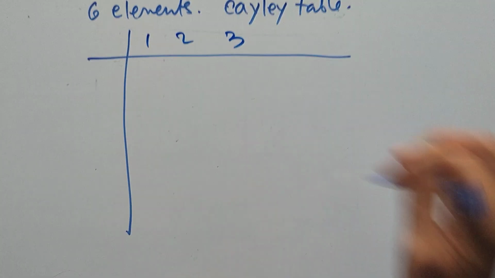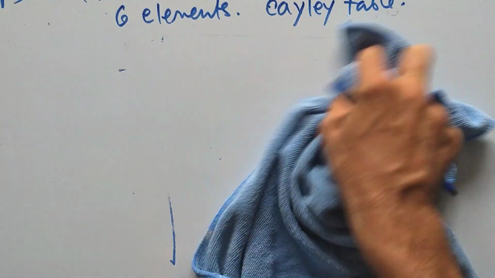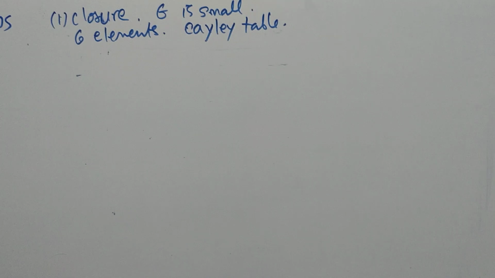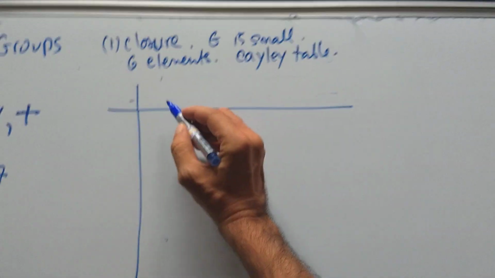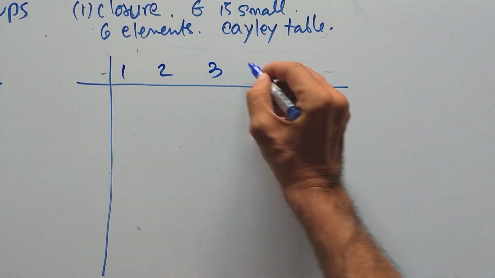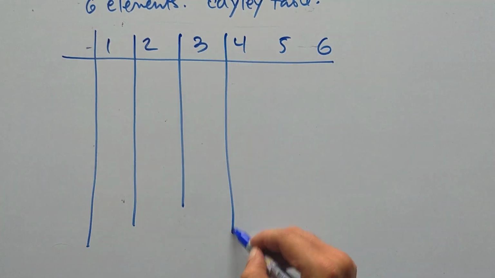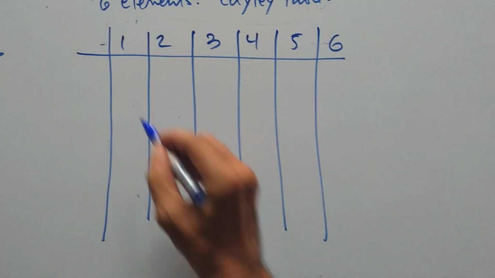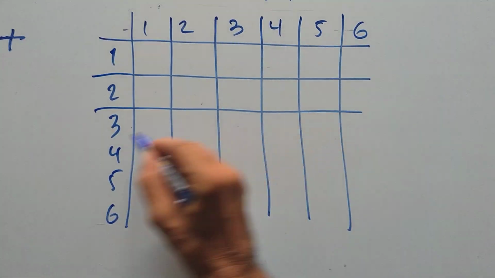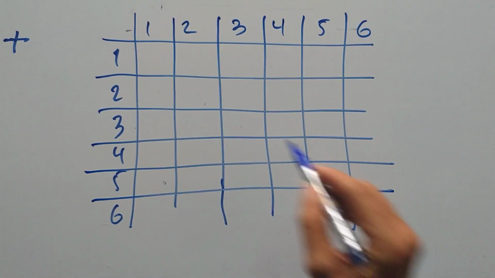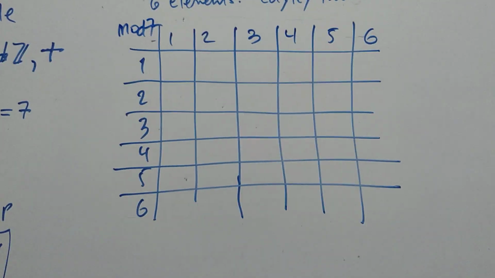Let's make it bigger. Cayley table mod 7: 1, 2, 3, 4, 5, 6 across and down, and mod 7 multiplication is going to be my group operation.